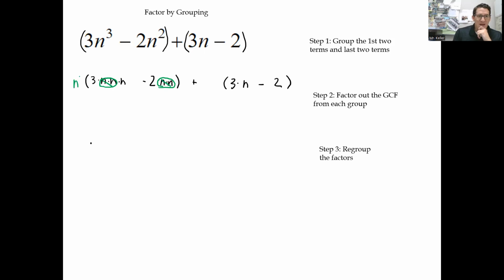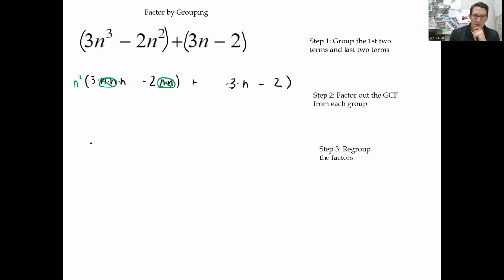So it's going to be n squared on the outside. Here, same thing. They don't have anything in common, but for the purpose of this, we still want to factor something out. So what they do have in common is we can say they both have a 1. Right? We can put a 1 in both of these.